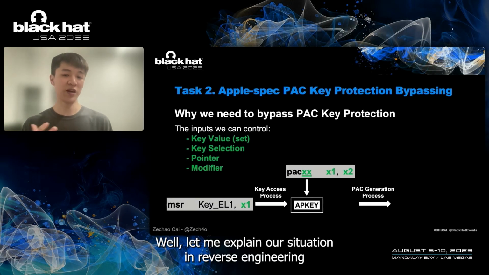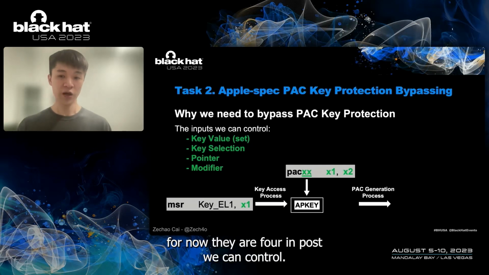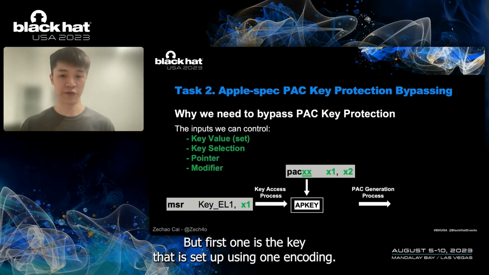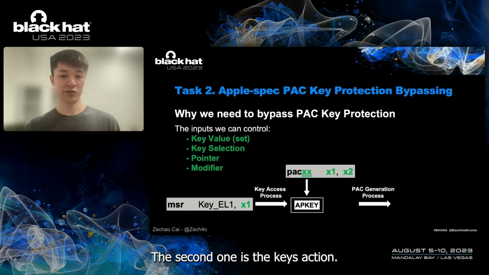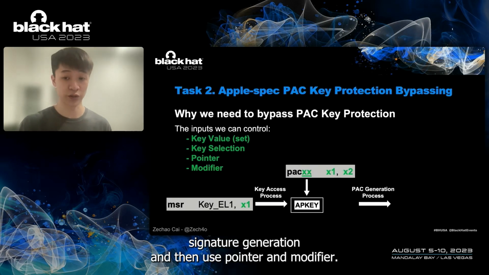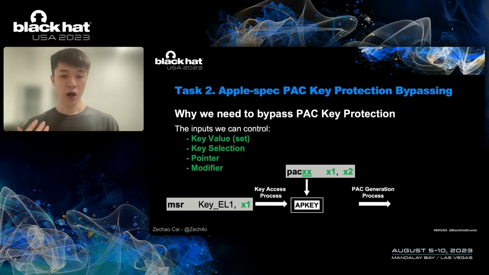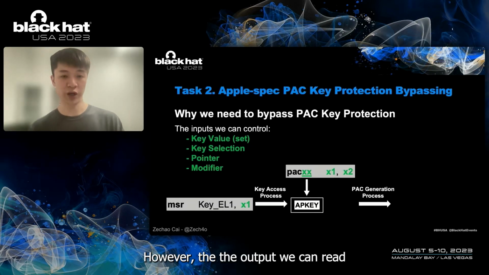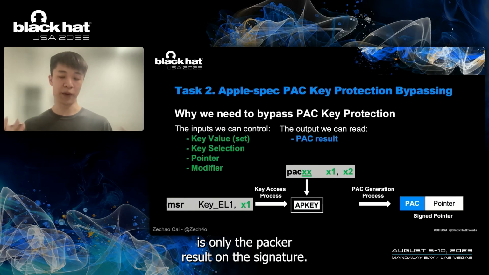Well, let me explain our situation in reverse engineering. For now, there are 4 inputs we can control. The first one is the key value set up using the EL1 encoding. The second one is the key selection, where we can choose which key we want to use for signature generation. And then there are the pointer and modifier. However, the output we can read is only the PAC result, or the signature.